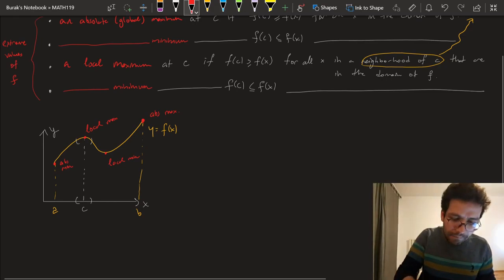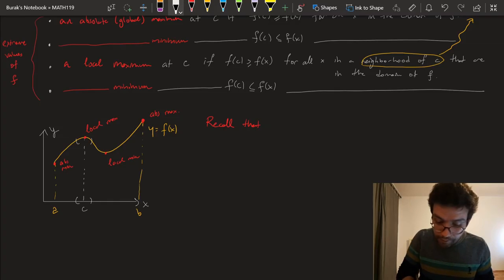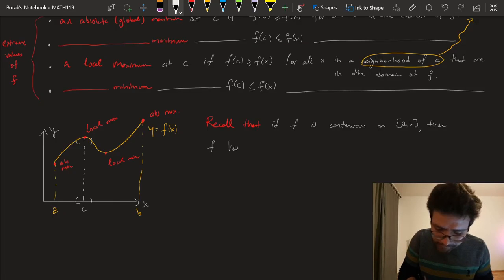Now, if you remember one of the theorems that we covered in class when we learned about continuous functions, if f is a continuous function on a closed and bounded interval ab, then f has absolute extreme values. It has a maximum, it has a minimum.